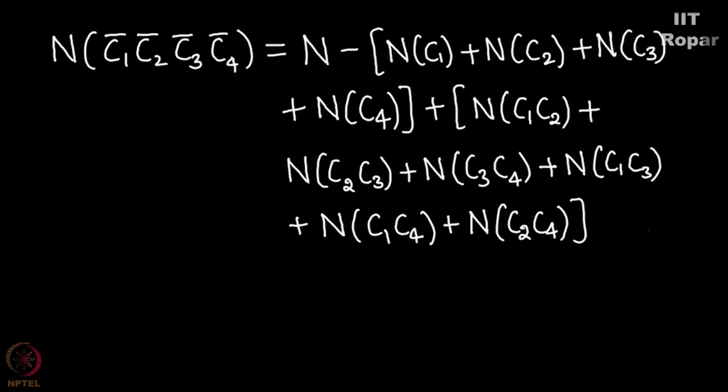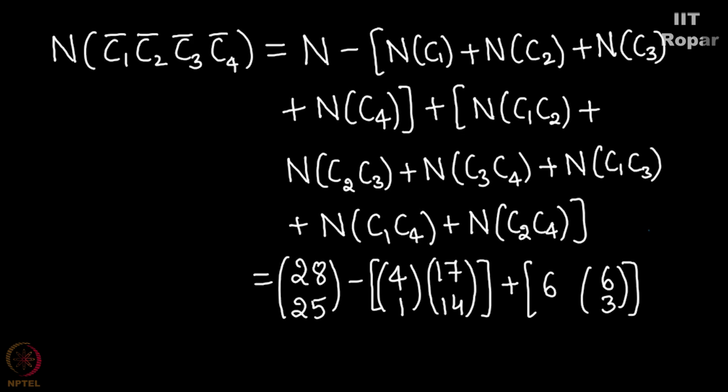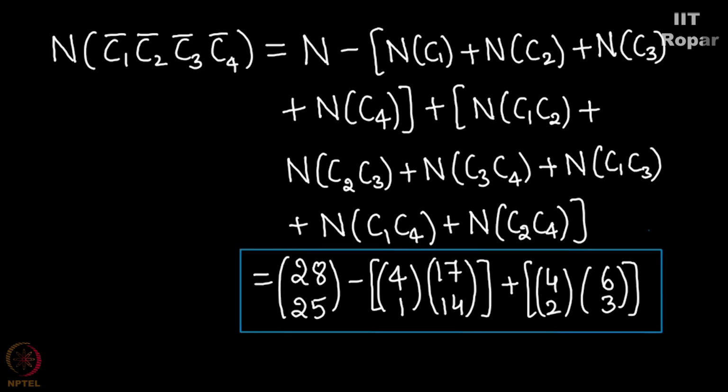That is S0. S1 happens to be 4 times 17 choose 14. Rather, I can tell it as 4 choose 1 times 17 choose 14. And S2 happens to be 4 choose 2 or 6 times 6 choose 3. So the final answer goes like this: 28 choose 25 minus 4 choose 1 into 17 choose 14 plus 4 choose 2 into 6 choose 3.